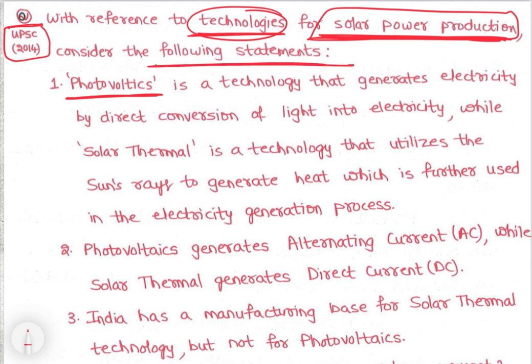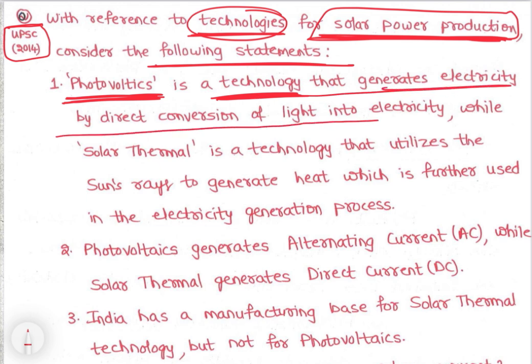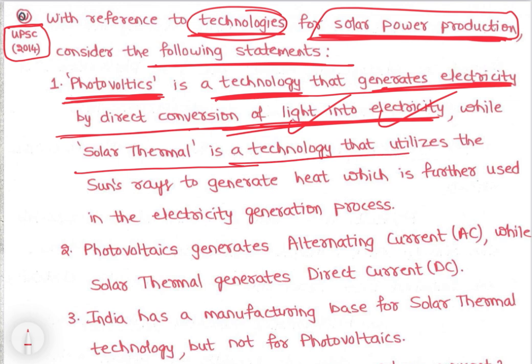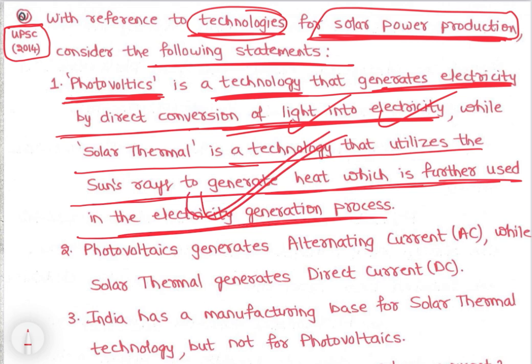Photovoltaics is a technology that generates electricity by direct conversion of light into electricity, right? We have studied, right, photovoltaics, that is solar panels, while solar thermal is a technology that utilizes sun rays to generate heat, which is further used in electricity generation. Yes, this is the correct point.